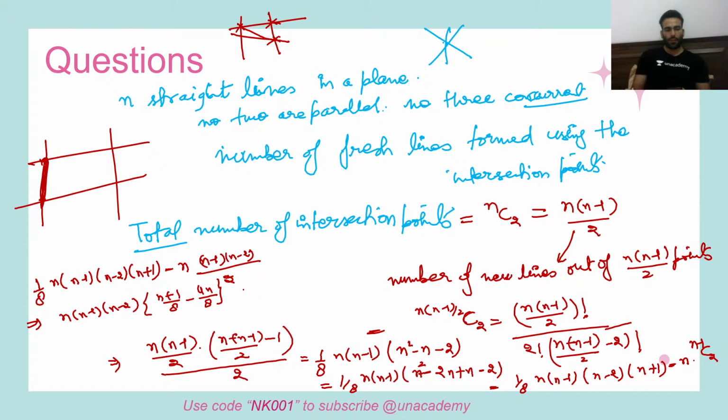If I solve it further, these are the common terms. So what do I get? 1 minus 3n by 8. So 1 by 8 will be common.